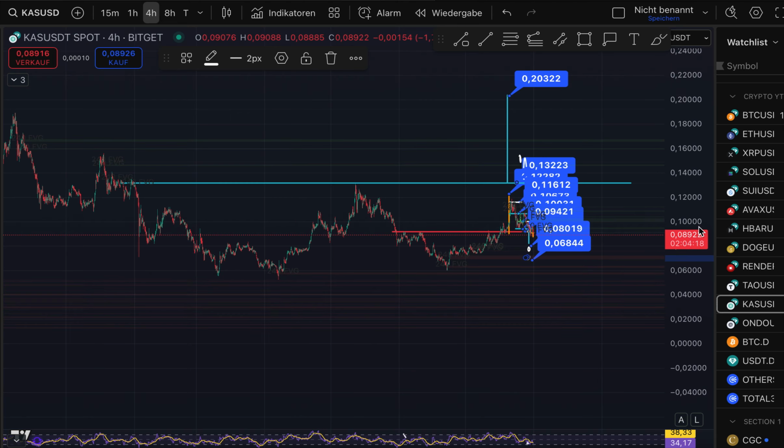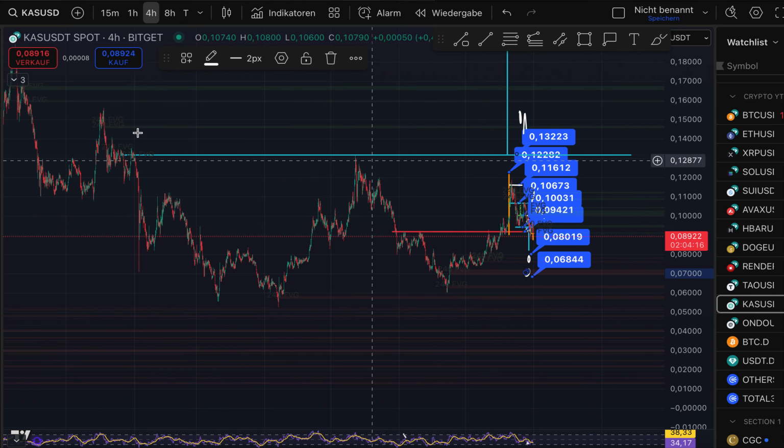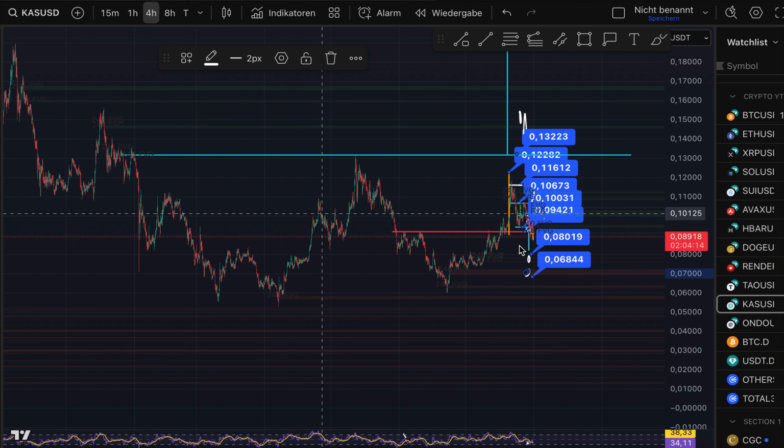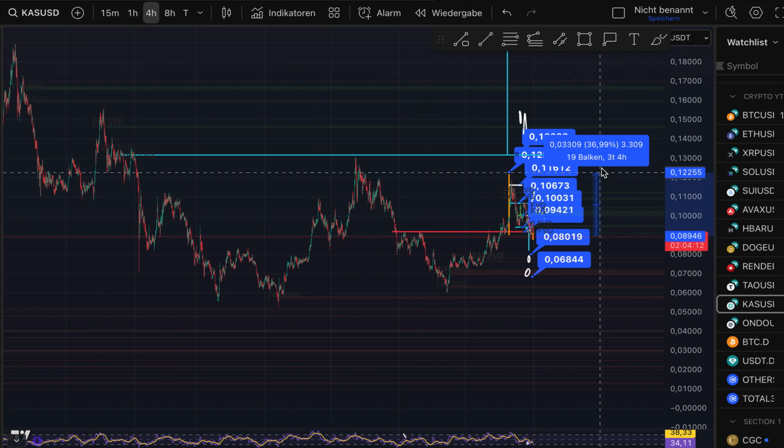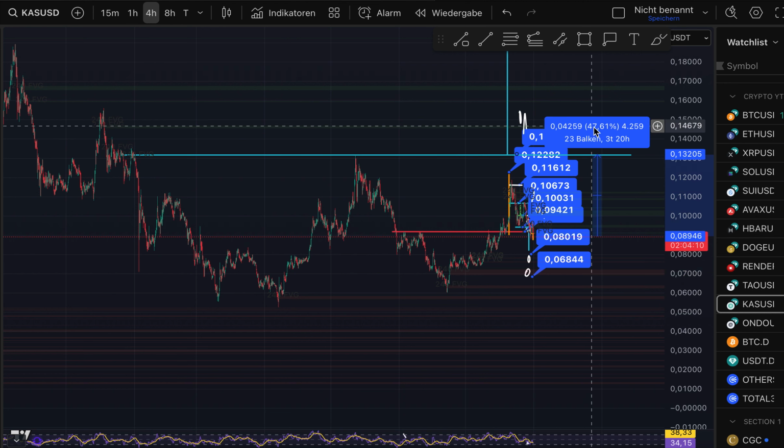Then I expect a nice push to 20.3 cents, but you can already see how far it is from the current price. 47%. Is it going to break to the upside this week? No. I think no way that we are going to break it in the next days. We have to wait probably 1 or 2 months that we break that to the upside.